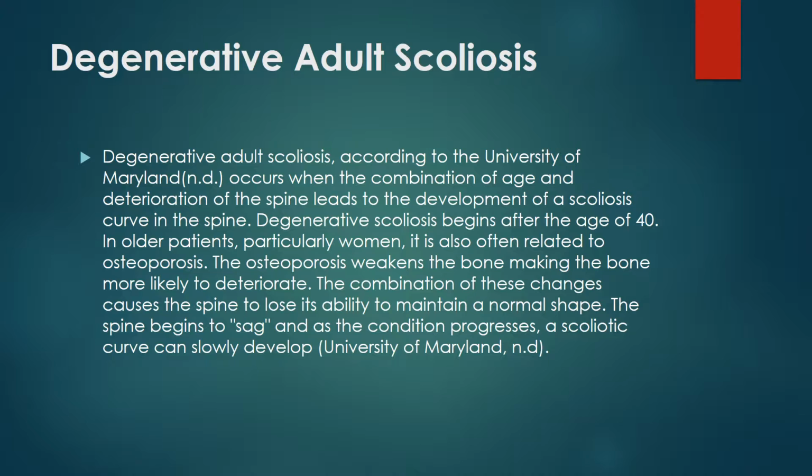In older patients, particularly women, it is also often related to osteoporosis. The osteoporosis weakens the bone, making the bone more likely to deteriorate. The combination of these changes causes the spine to lose its ability to maintain a normal shape. The spine begins to sag, and as the condition progresses, a scoliotic curve can slowly develop.